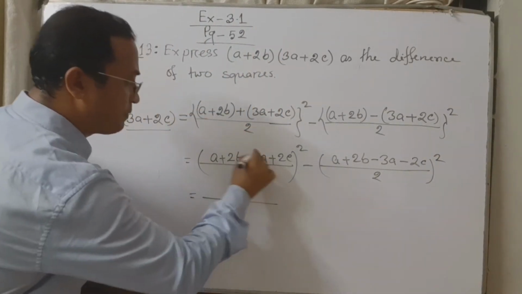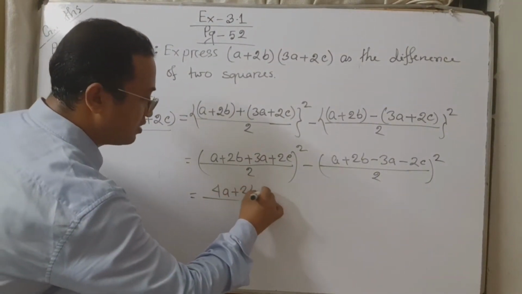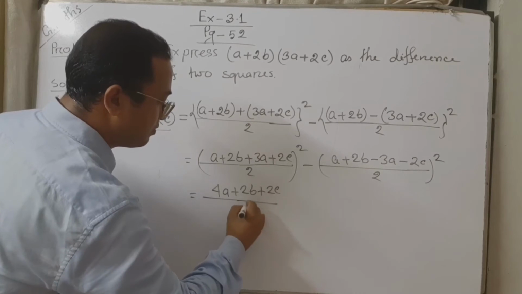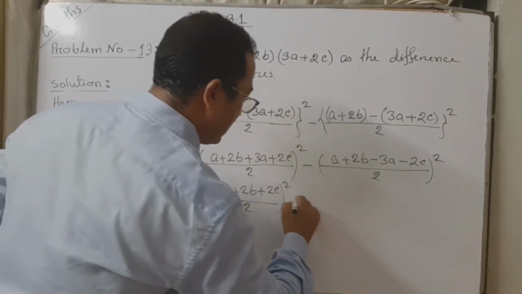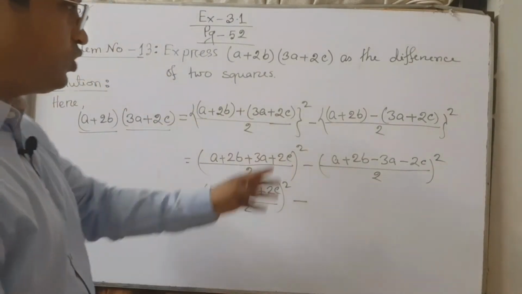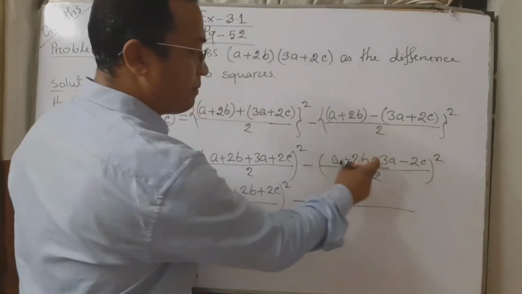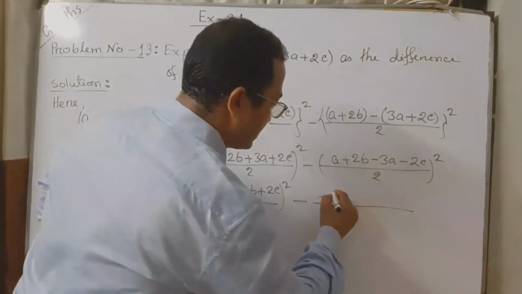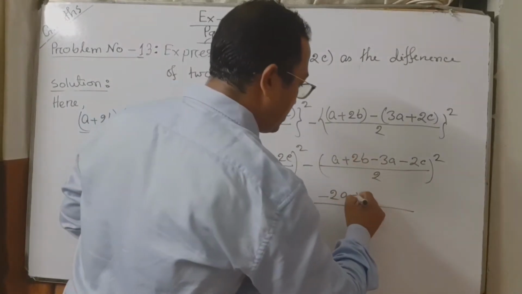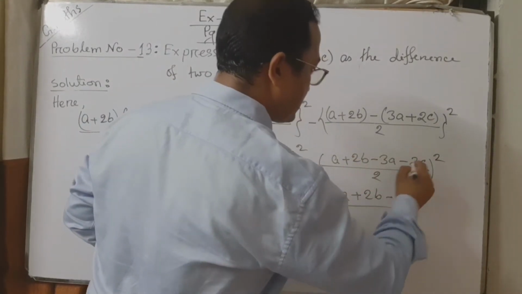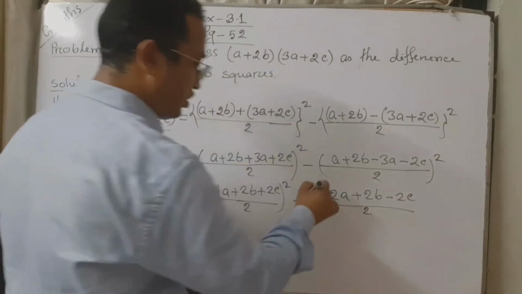It will be ((a plus 3a, that is 4a, plus 2b plus 2c) by 2) whole square, and what will the second be? It will be ((a minus 3a, that is minus 2a, and then plus 2b minus 2c) by 2) whole square.